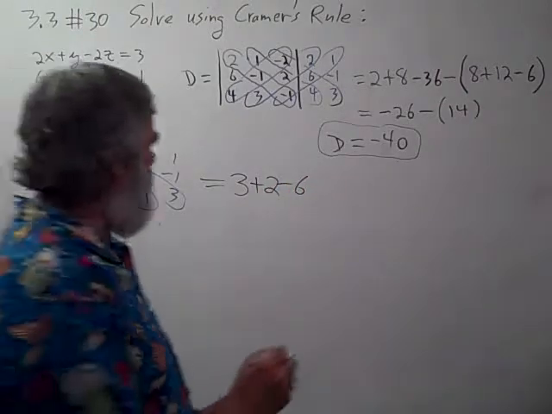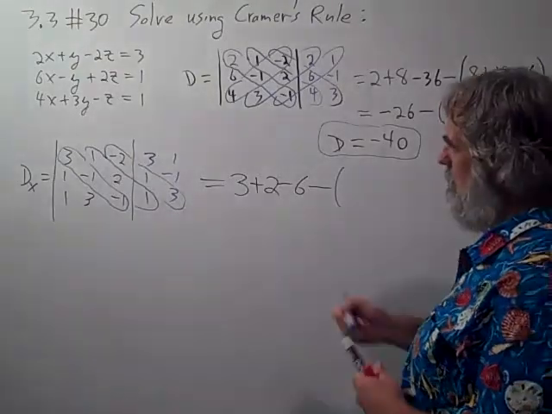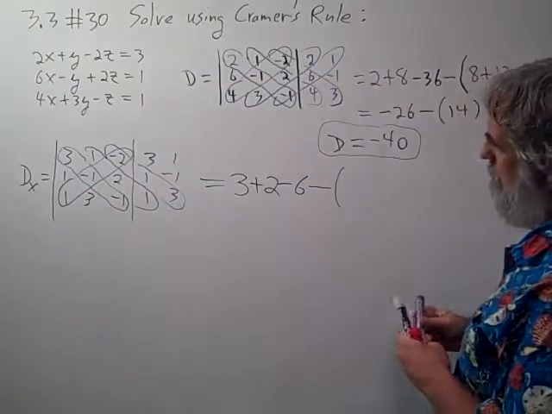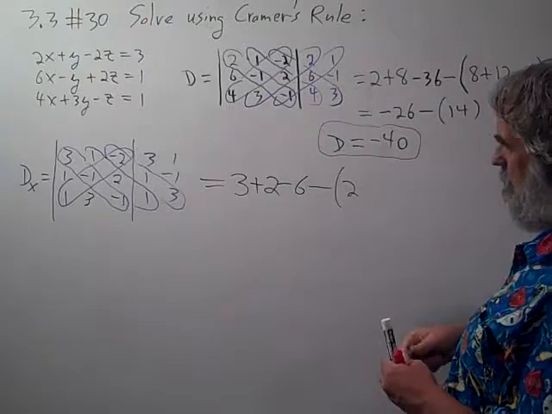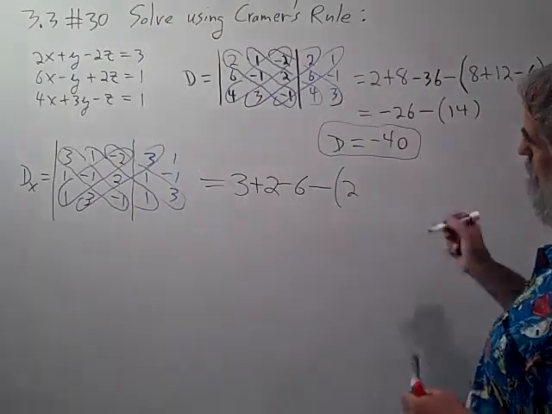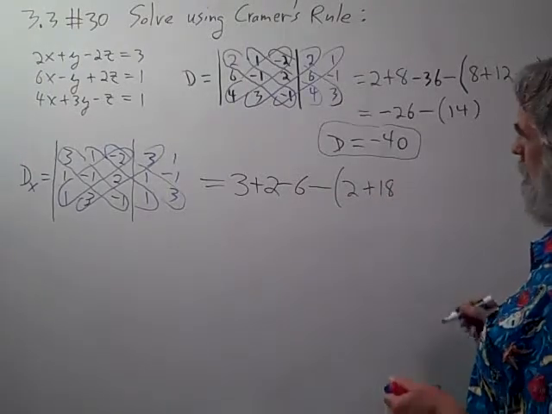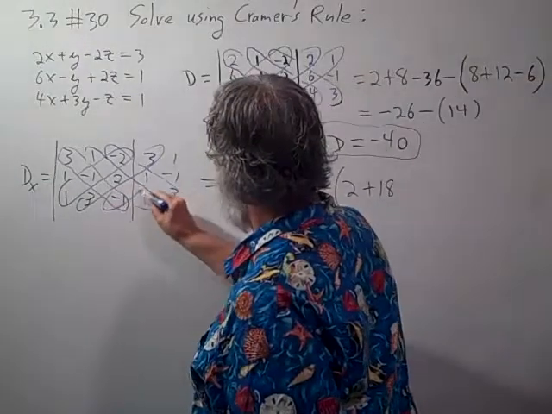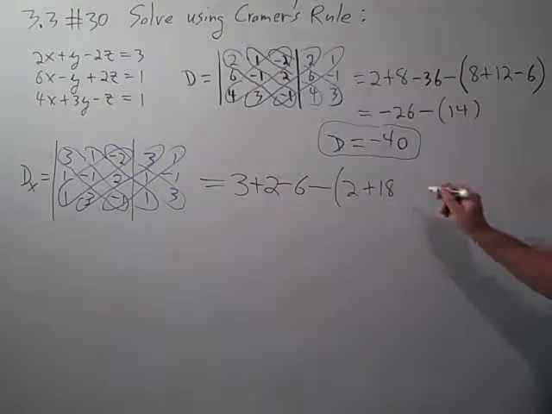And then we subtract from this the product of the diagonals going the other direction. So 1 times -1 times -2 is 2. Then we have 3 times 2 times 3, which is 6 times 3, 18. And then finally, the last diagonal here is -1 times 1 times 1, which is -1.